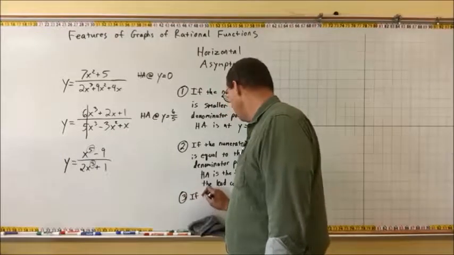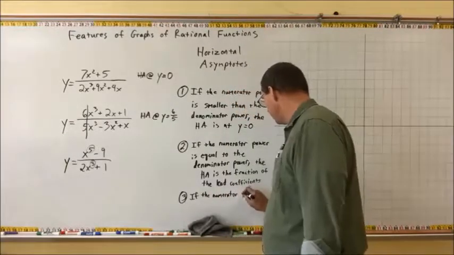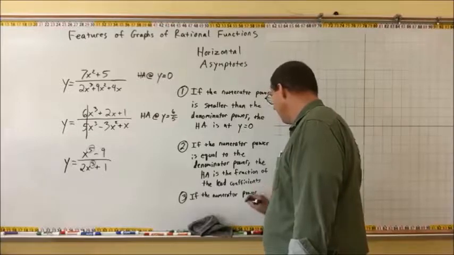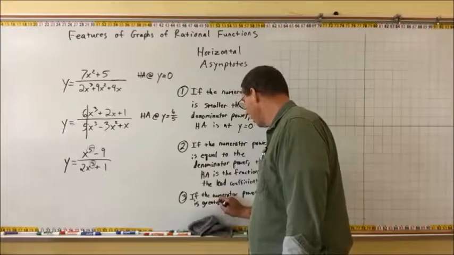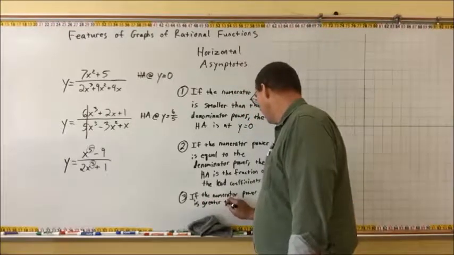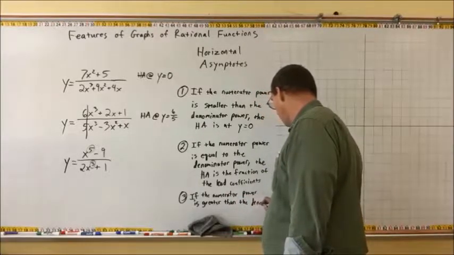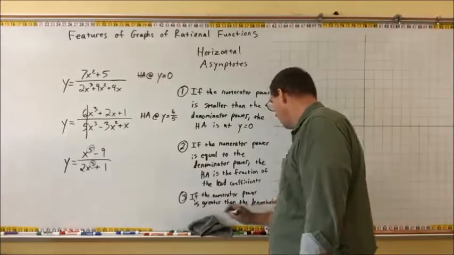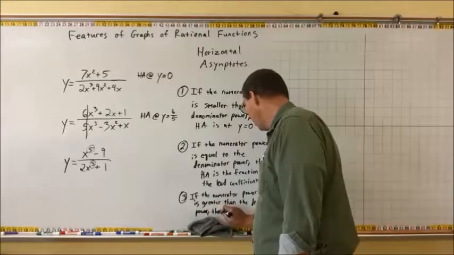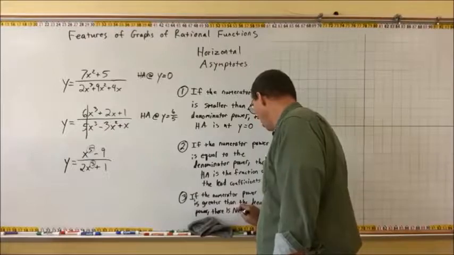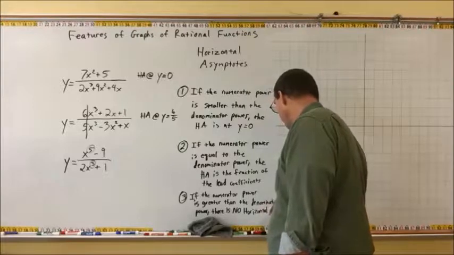If the numerator power is greater or larger, however you want to say it, than the denominator power, there is no horizontal asymptote. No horizontal asymptote at all.